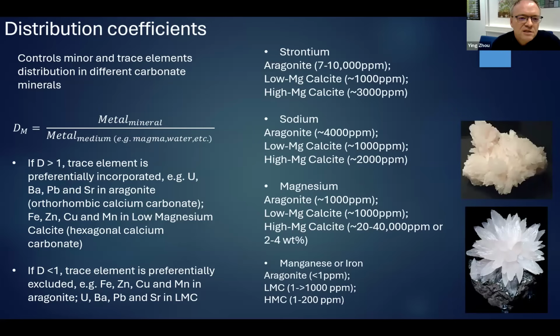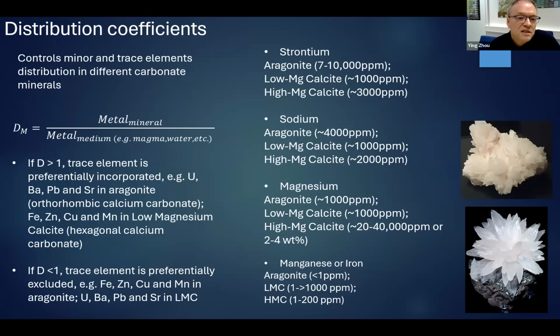So aragonite slightly favors the incorporation of strontium. So it's very strontium rich, but aragonite, of course, reverts to low magnesium calcite. If then that low magnesium calcite retains that high strontium, then of course that's a sign that recrystallization took place under closed conditions, and then therefore the strontium isotopic ratio could be preserved.